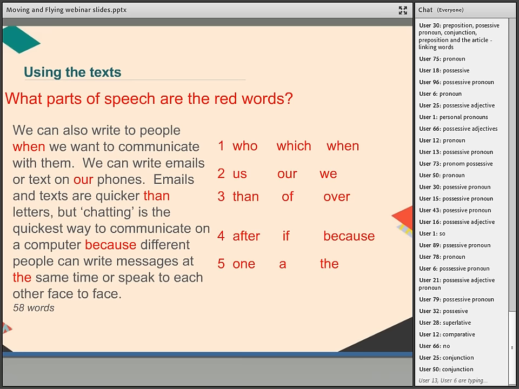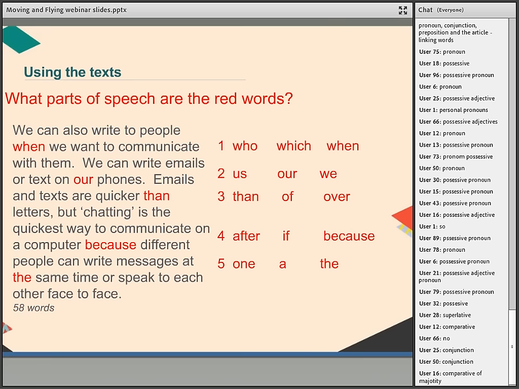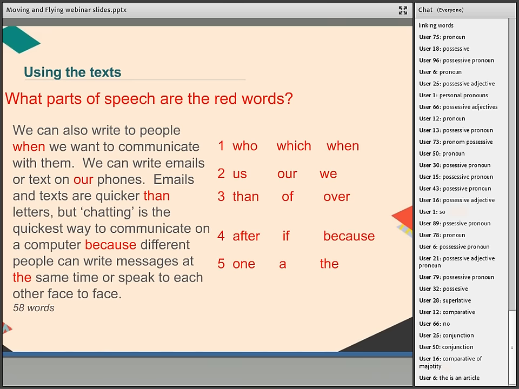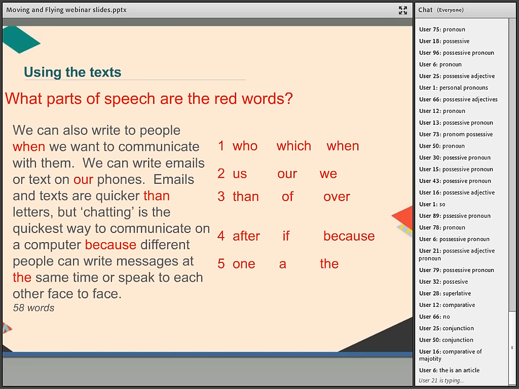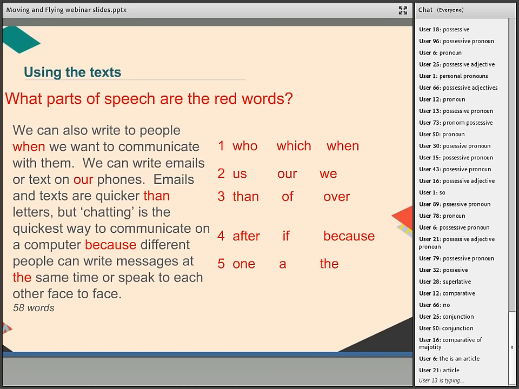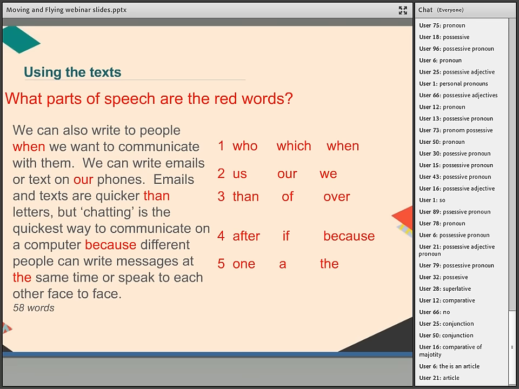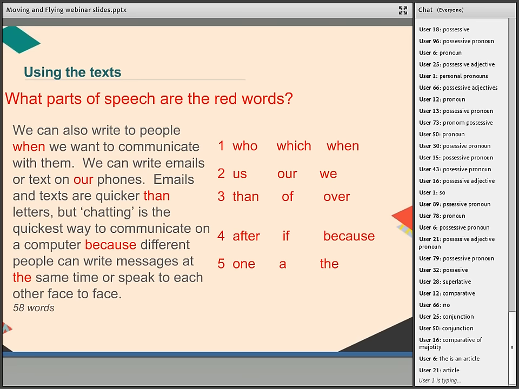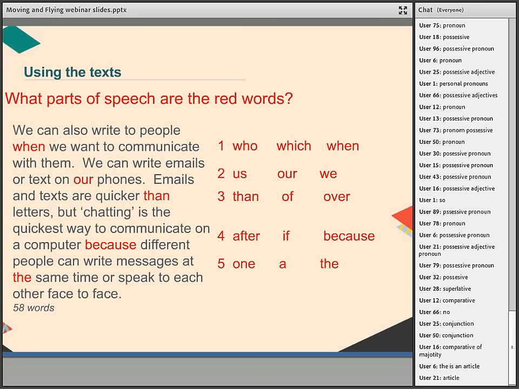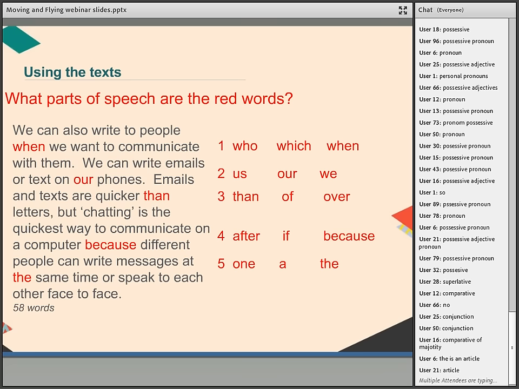Okay, and now what I do is I would take out those words and I'd give 3 alternatives for each gap in the text. Okay, and my alternatives are all the same kind of part of speech, except for number 2, where I would give my students us, our, and we.